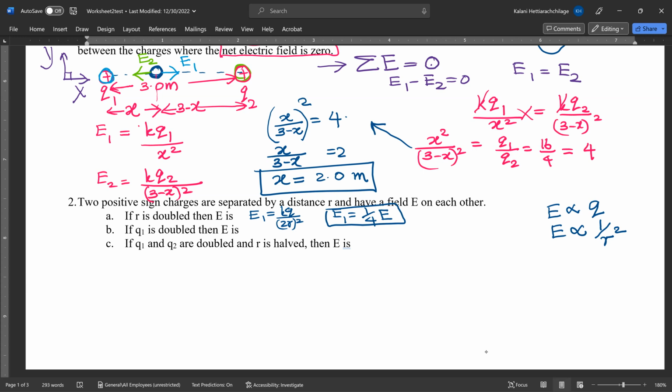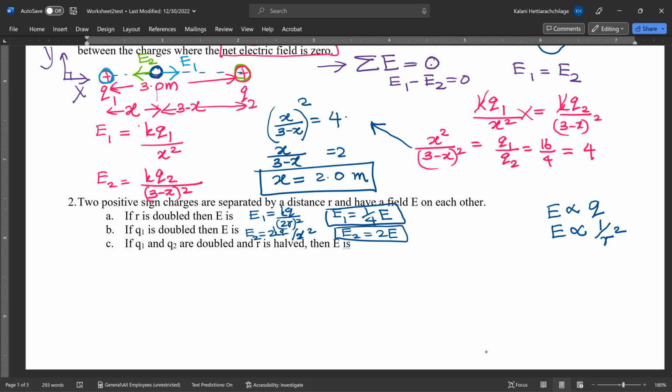If Q1 is doubled, that means your source charge is doubled. When you double the source charge, you're going to write E2 equals twice kQ over r squared. So that means your E2 will be 2 times E. That means when you double your source charge, you double the electric field.